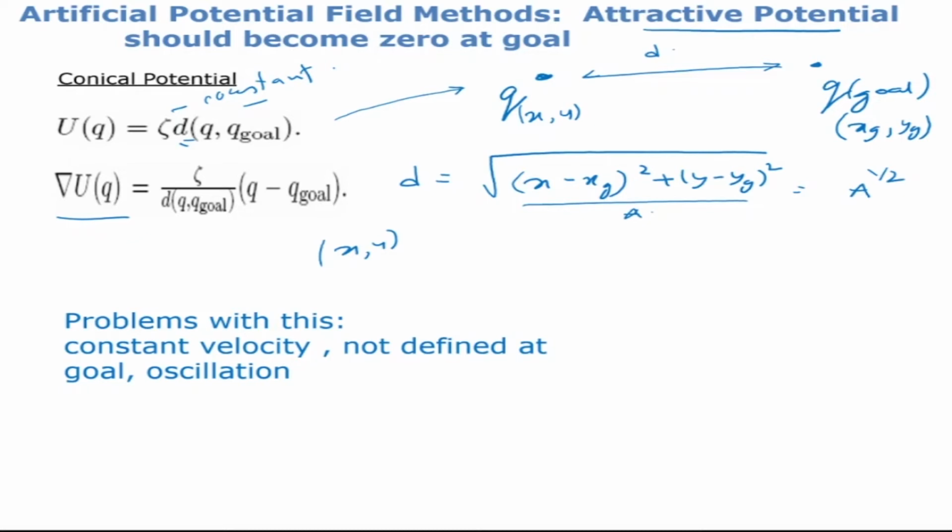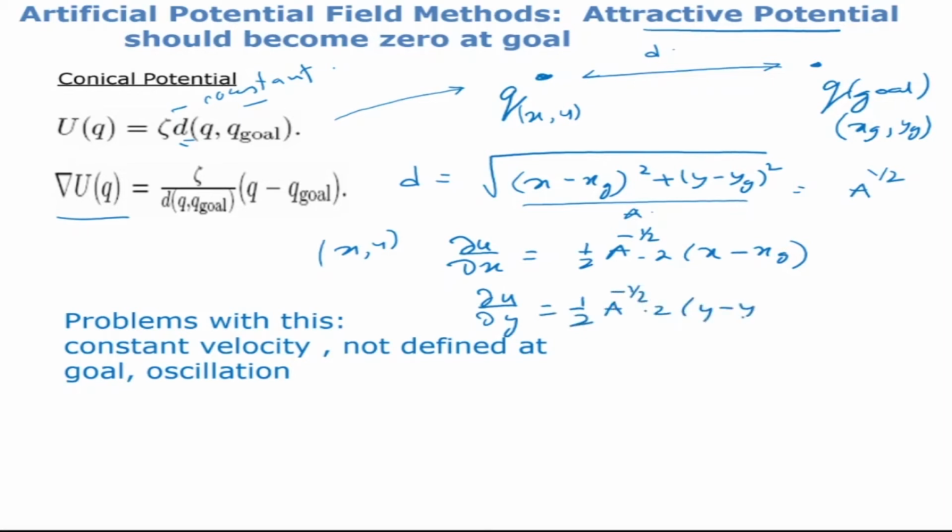If I write it that way, del u by del x is equal to half a raised to minus half, 2 into x minus x goal. Similarly, I get del u by del y is equal to half a into minus half, 2 into y minus y goal.